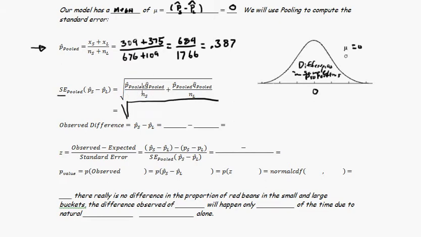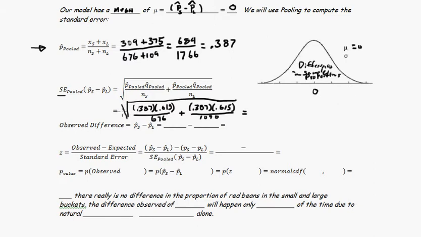And so when you do that, you get this formula. So p hat pooled is going to be 0.387 times 1 minus 0.387, which is 0.613. Okay? And we're going to divide that by 676. Then we have another term, but we use the same numbers, 0.387 times 0.613 divided by 1090.